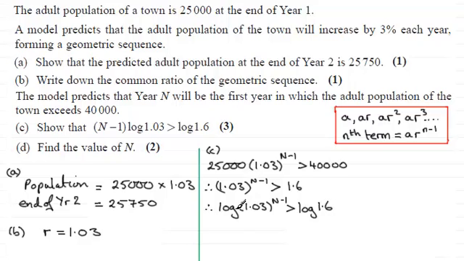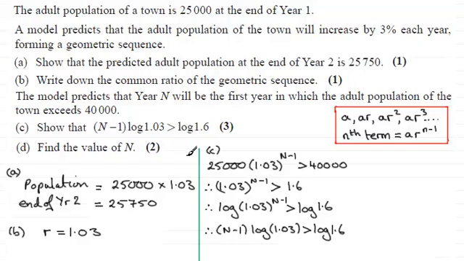So the logs here are in base 10. Now, there's a rule that you should be familiar with when you've got powers inside a log: you can bring the power out to the front of the log. So this is the same as saying n minus 1 multiplied by the log of 1.03 is greater than the log of 1.6.